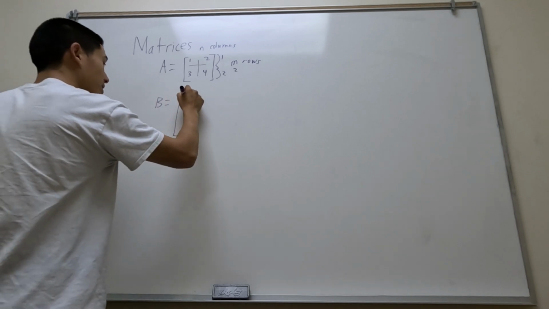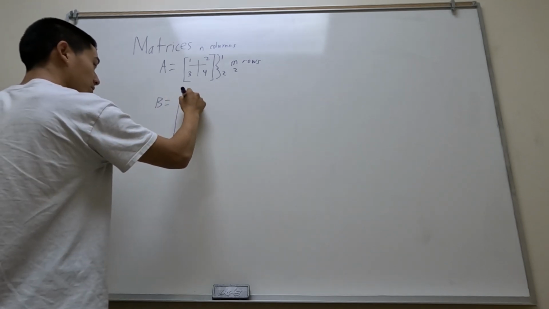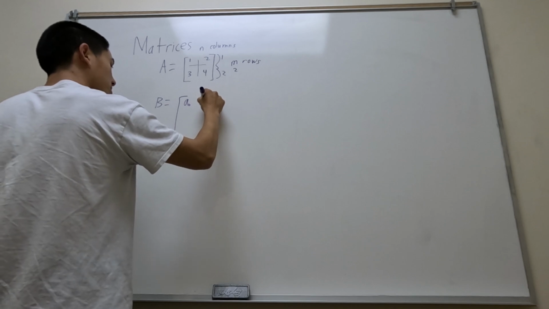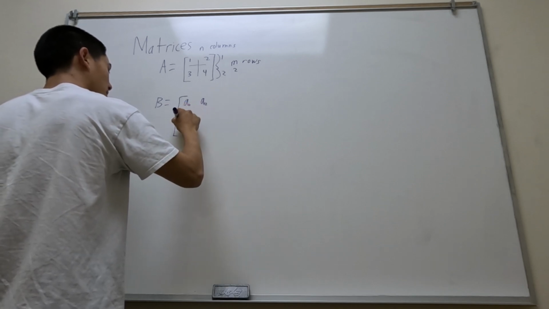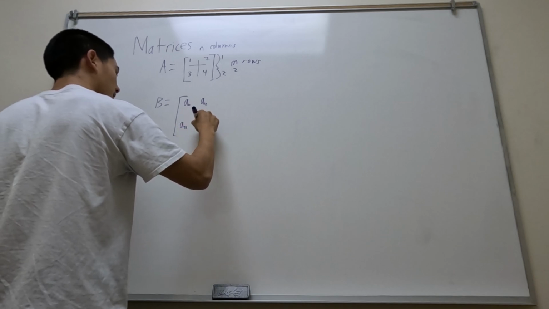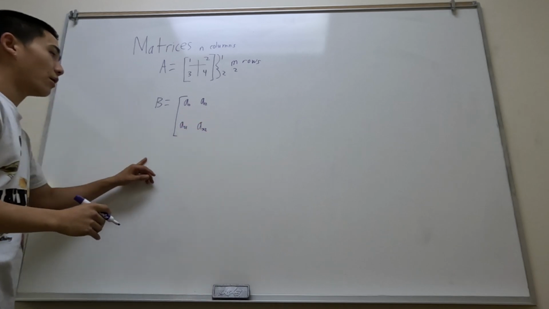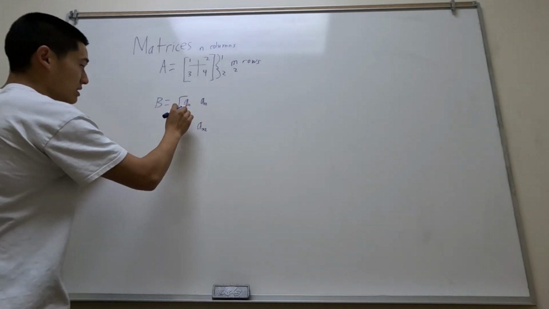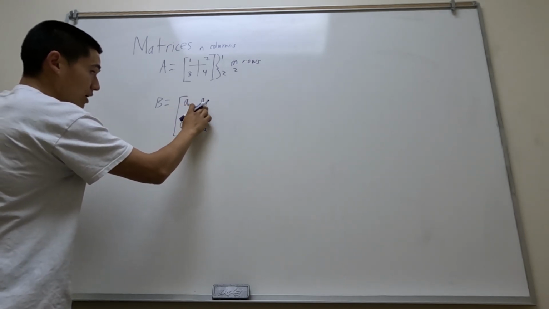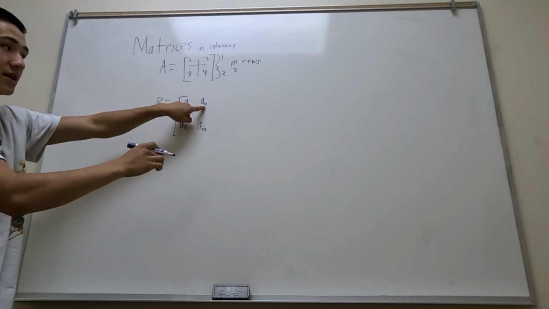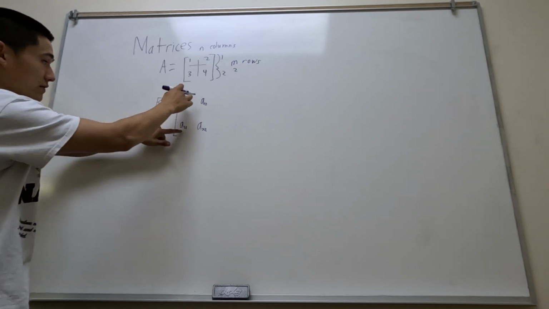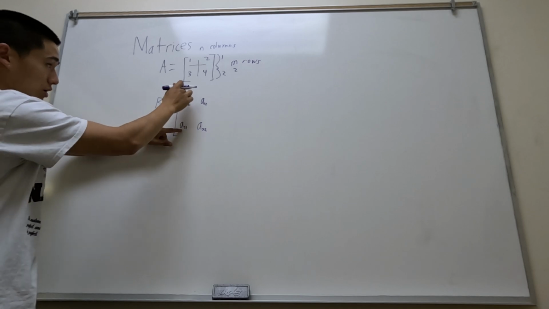If you want to denote the elements in a simple way, you can go A11, A12, A21, A22. Hopefully you can see that this is row 1, column 1, row 1, column 2. You see that right there? And then here, if you go down, row 2, column 1.